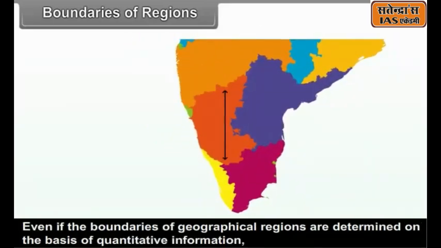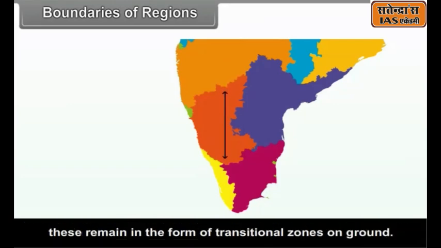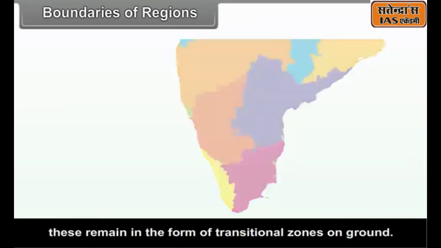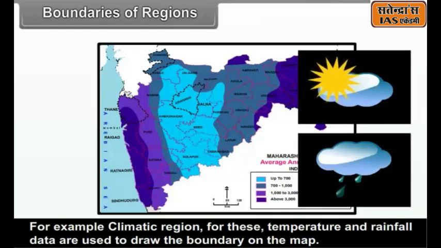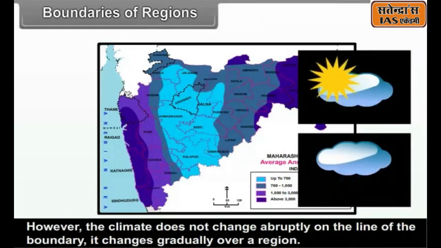Even if the boundaries of geographical regions are determined on the basis of quantitative information, these remain in the form of transitional zones on ground. For example, climatic regions. For these, temperature and rainfall data are used to draw the boundary on the map. However, the climate does not change abruptly on the line of the boundary.